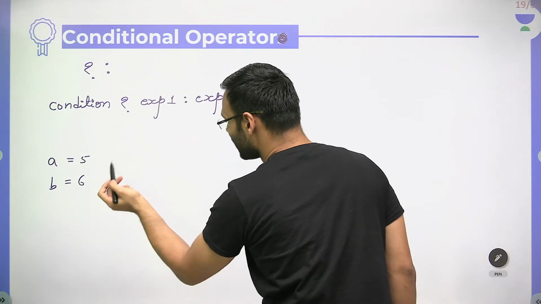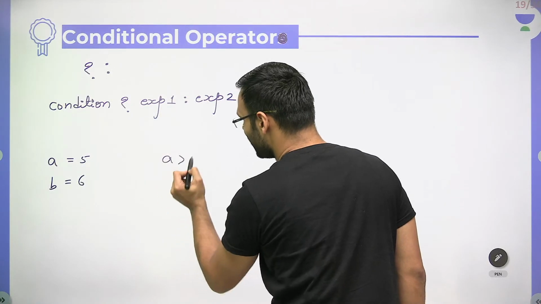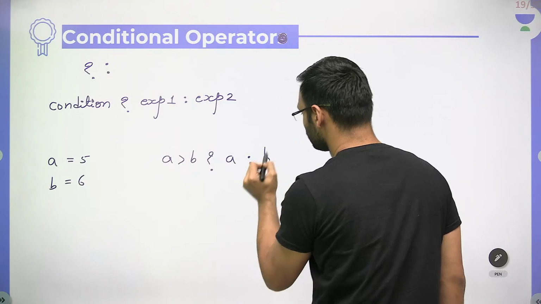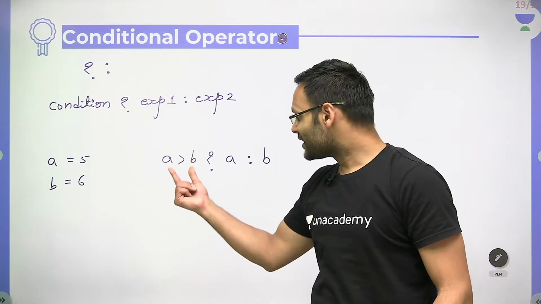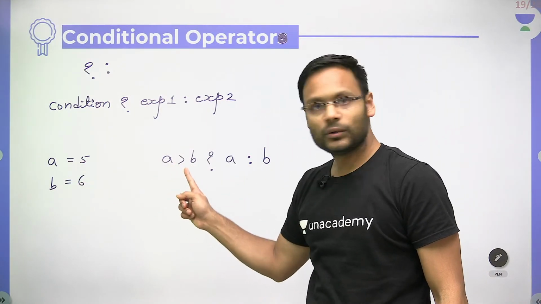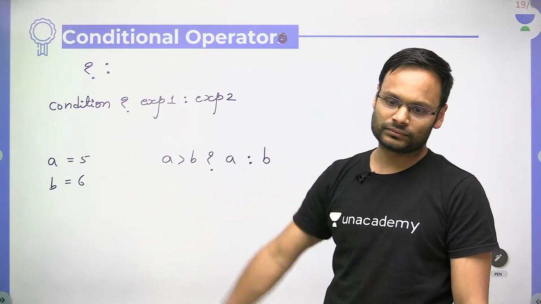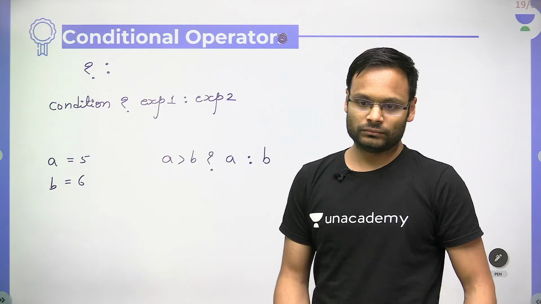I'm writing a conditional operator this way: A greater than B, question mark A, colon B. I'll check the condition. A greater than B? No, false. So what will I return? B I will return.